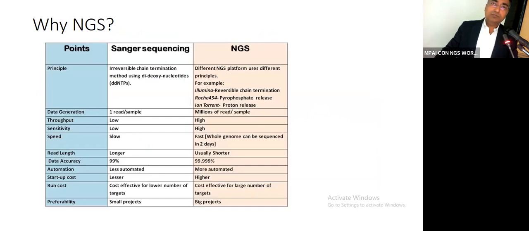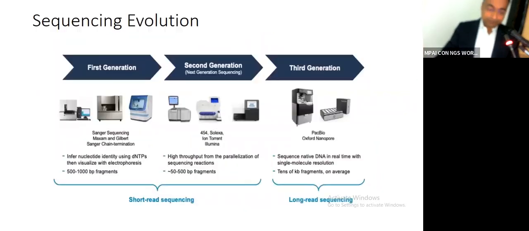It allows you to look at thousands of genes, whole genes, and everything. So we are moving from Sanger sequencing to NGS, and as more and more automation is coming in, we are able to get results even in 24 hours nowadays. That is where the field is moving.